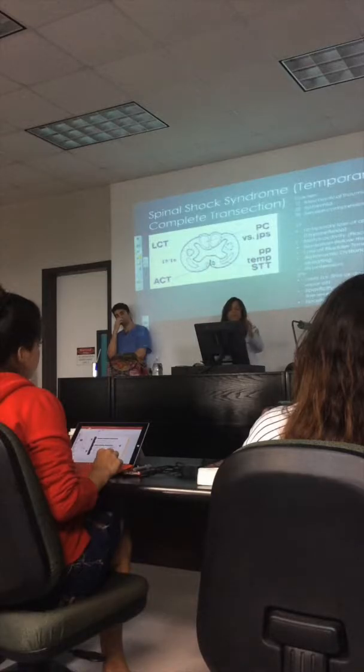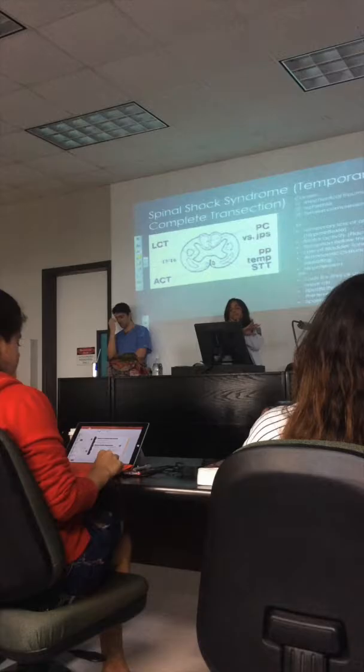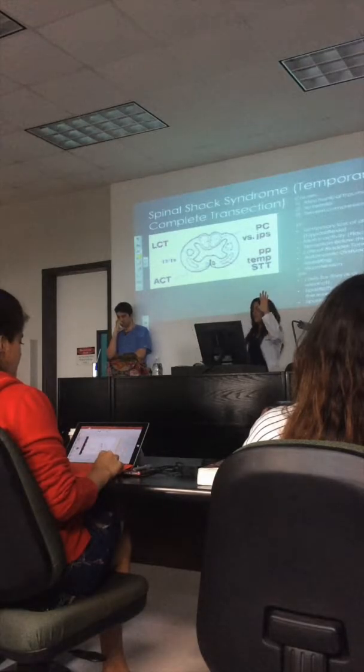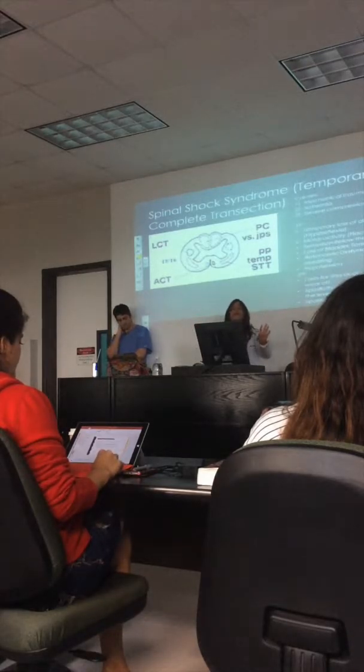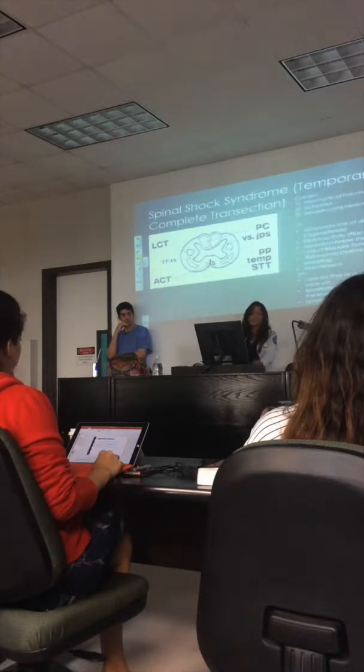You lost your arc reflex, okay? Just think loss of the deep tendon reflex, the first thing. Now, motor activity, nothing, plus paralysis, loss of sensation below the level of the lesion, and loss of bladder tone, atonic bladder.